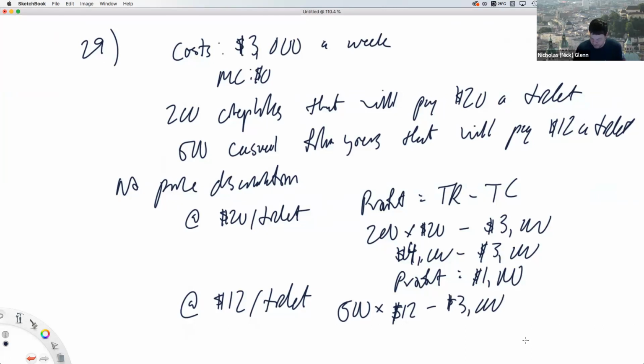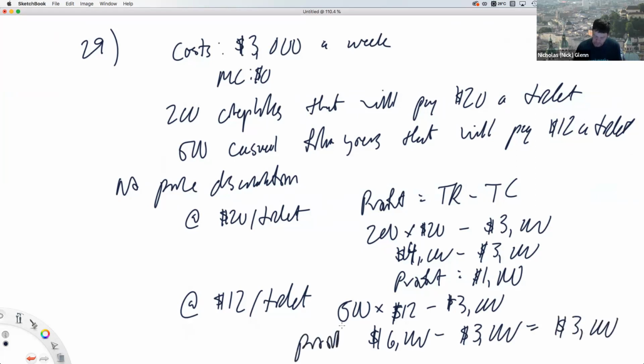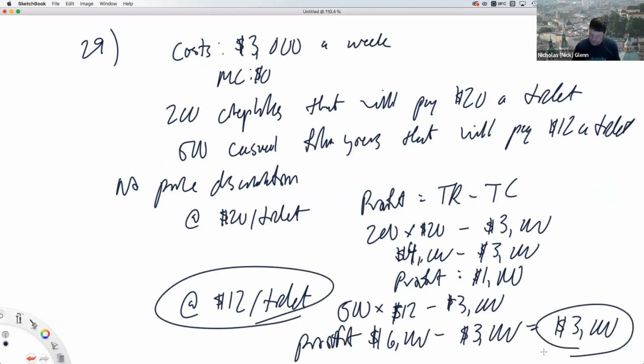And like I said, we're simplifying this problem. It's not necessarily realistic. But that's $6,000 minus $3,000. The profit in that case would be $3,000. So you're going to choose this one. This gives a higher profit of $3,000 versus $1,000. So without price discrimination, you're going to charge $12 a ticket to everyone.